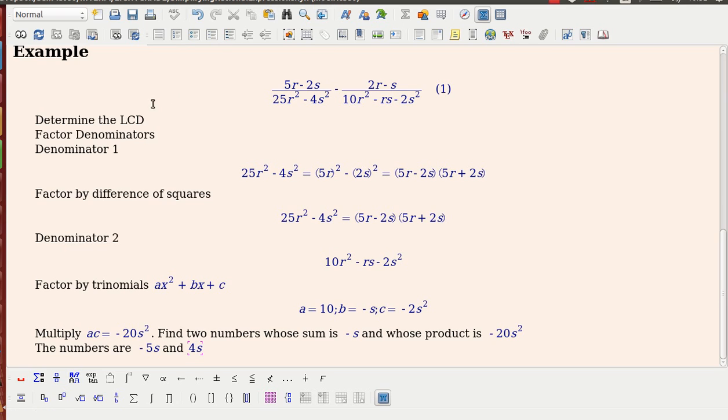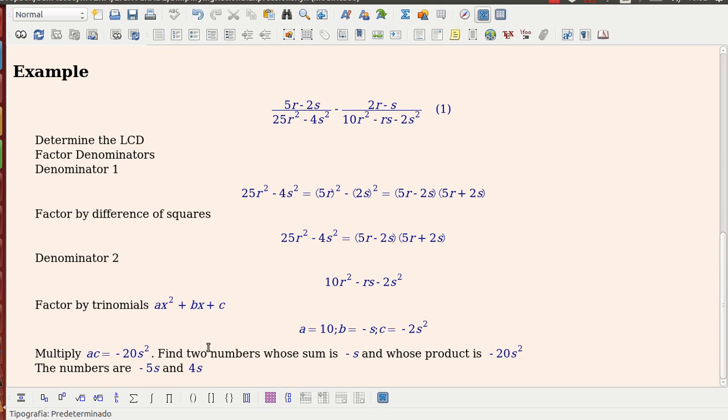Let's check. Minus 5s times 4s is minus 20s squared, and minus 5s plus 4s is minus s. Correct. Next step to factor.